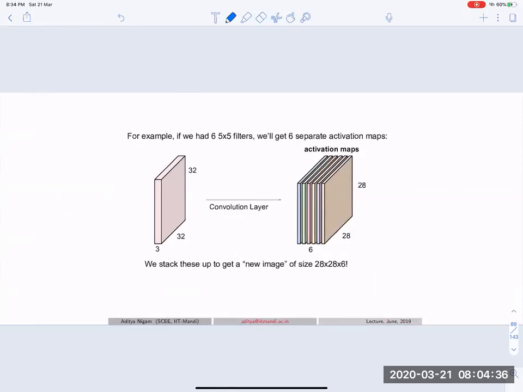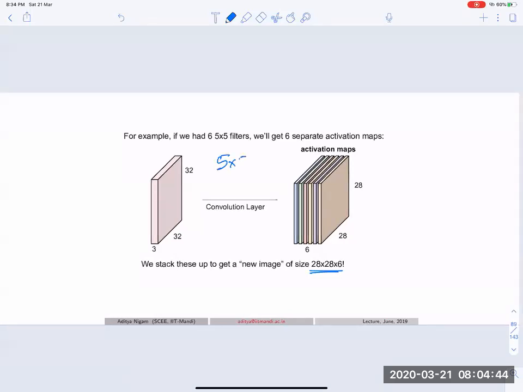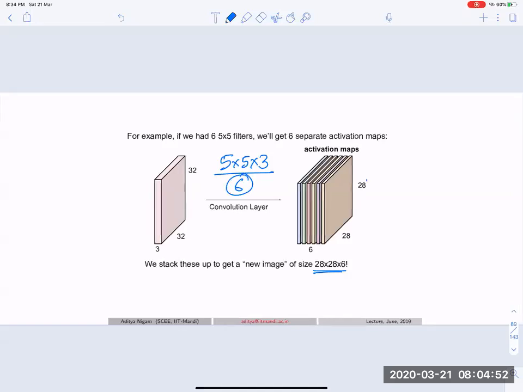So suppose I apply, on a 28 by 28 input, 5 by 5 by 3 filters, and I have applied 6 such filters. So I have got a response map of 28 by 28 by 6.